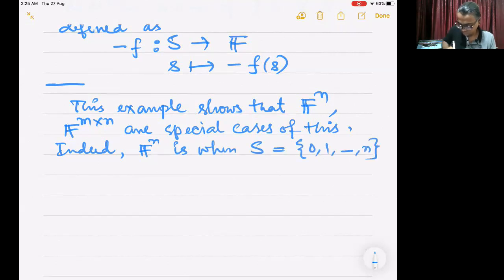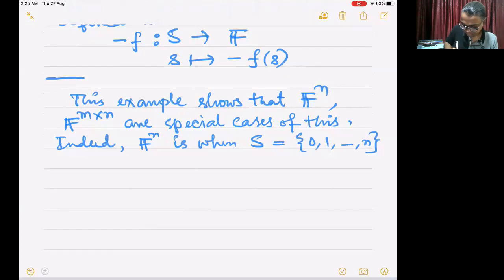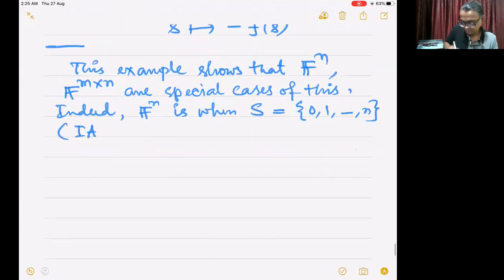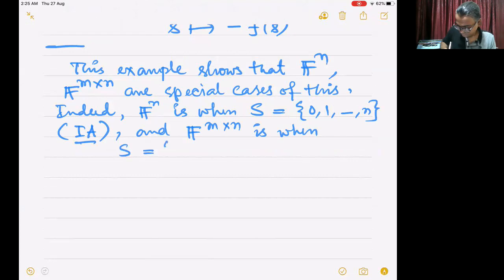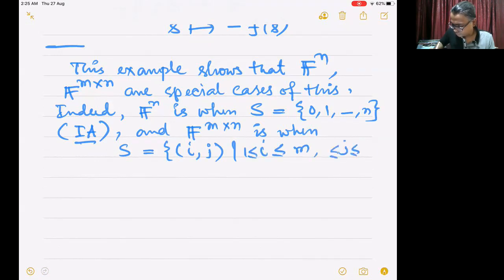Verify that this is true. This is your immediate attention problem. And F^(m cross n) is when S is taken to be all pairs (i, j), where i is from 1 to m and j is from 1 to n.